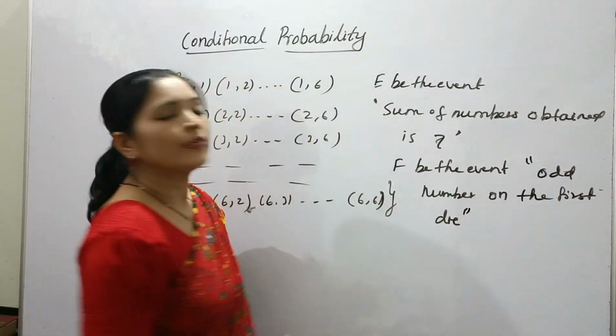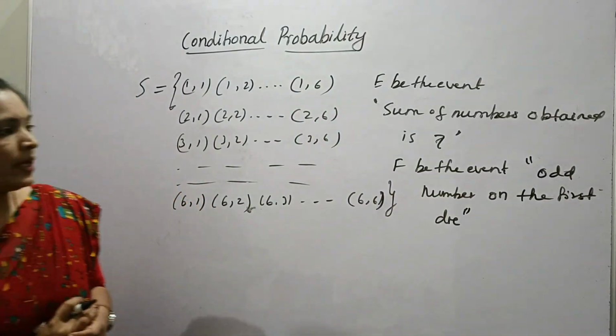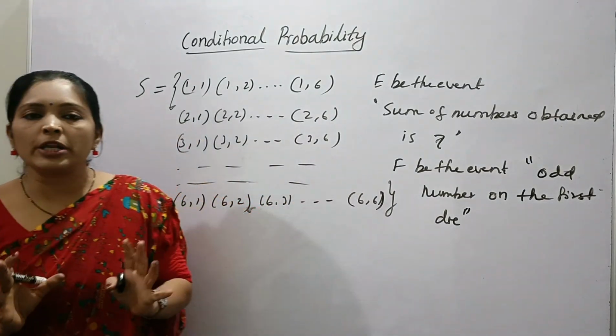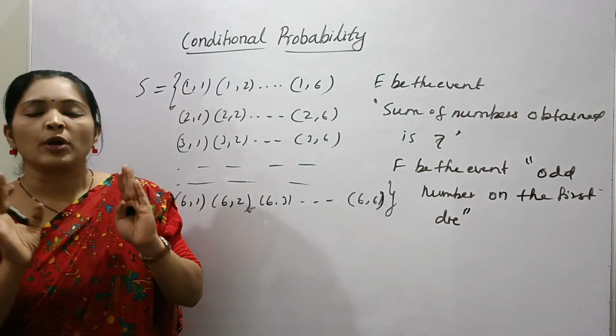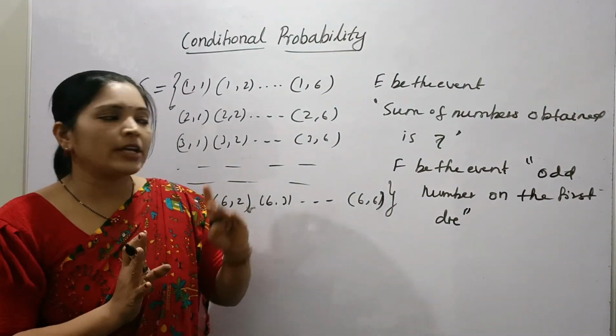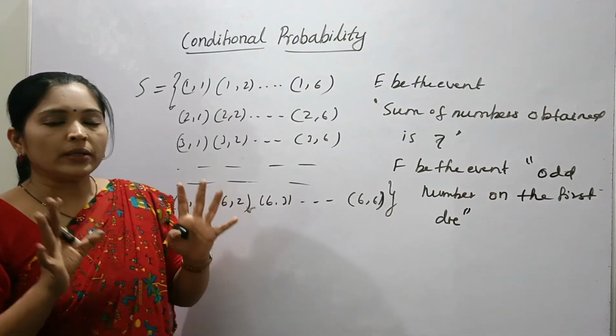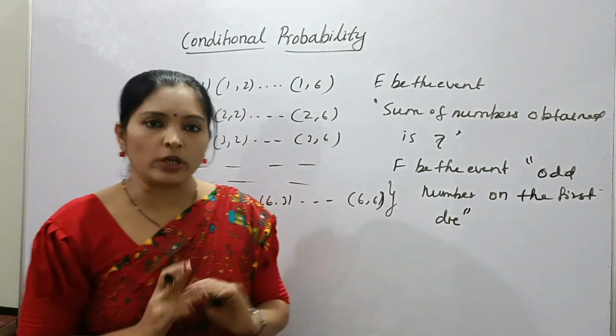Here we have to find the probability of E given that F has occurred. So here the event F has already occurred, right?